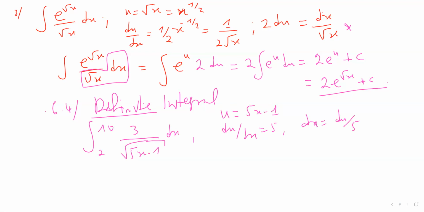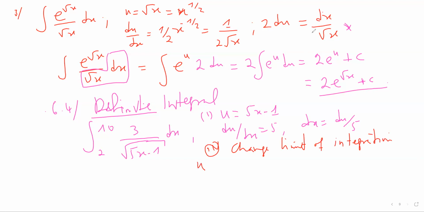But then we need to change to u. Then we also need to use the substitution that we have to change the limits of integration, right? What does it mean, the limits of integration changing?